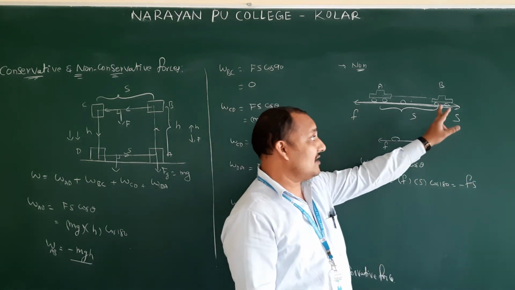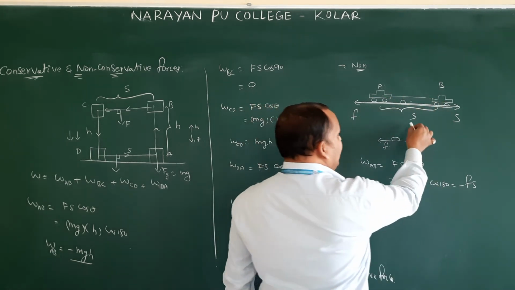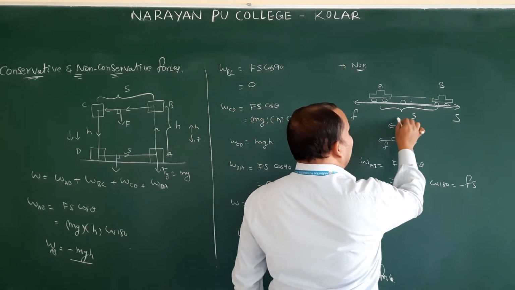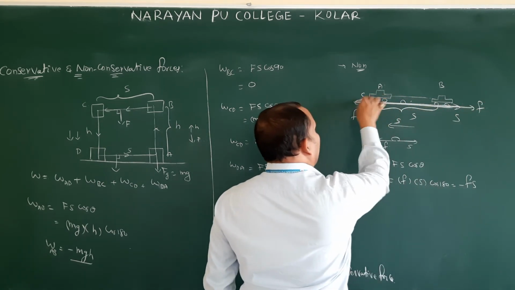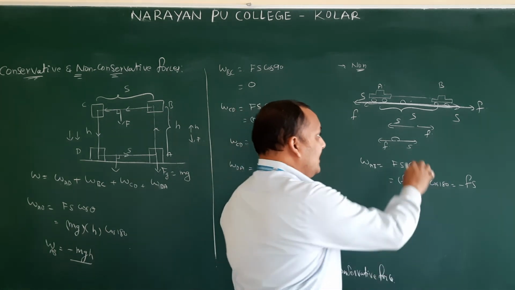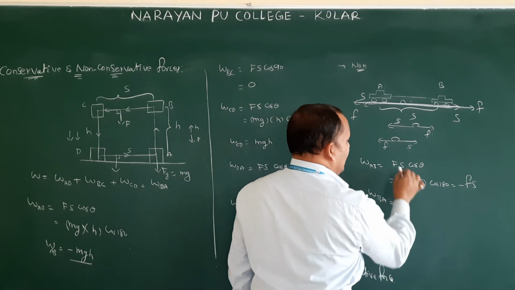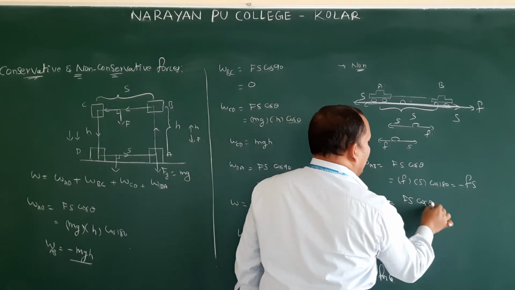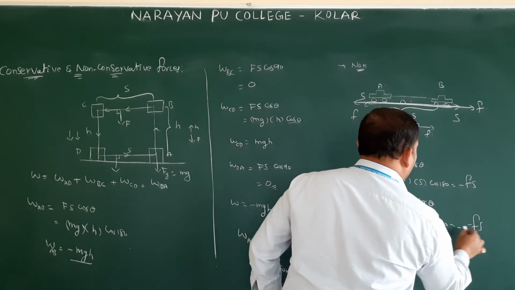Now, the car came from B to A, so we are taking the closed path. Whenever it comes from B to A, the displacement is in this direction and the frictional force is in the opposite direction, isn't it? Both are in reverse directions. Then again, what is the angle? 180. And W from B to A, what do you get? Fs cos theta, Fs cos 180, so minus Fs.